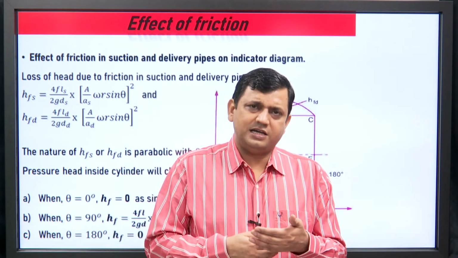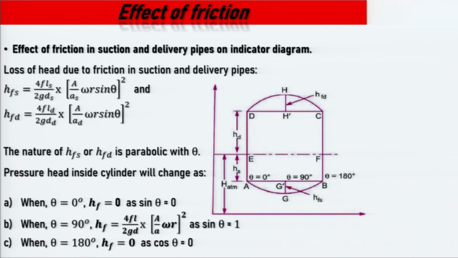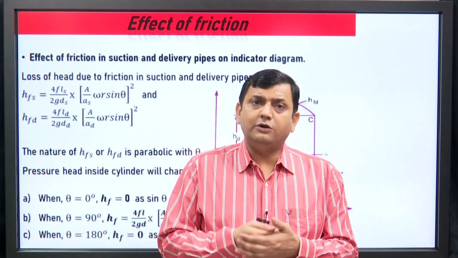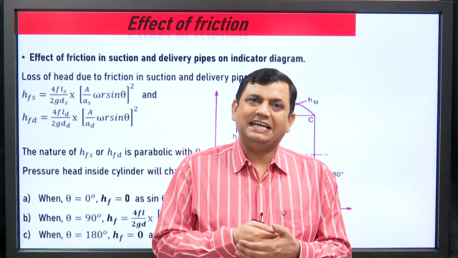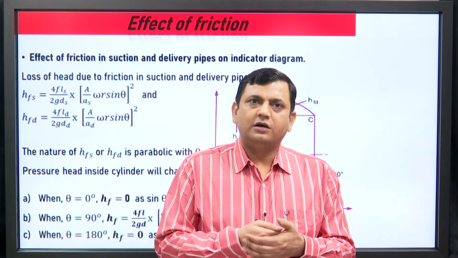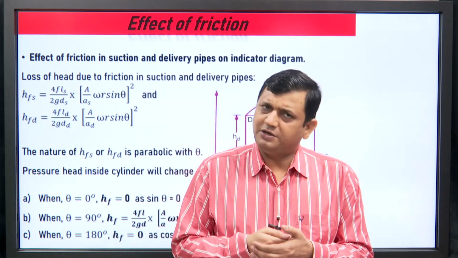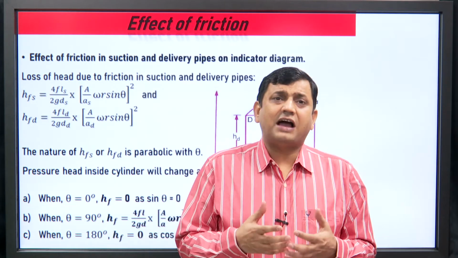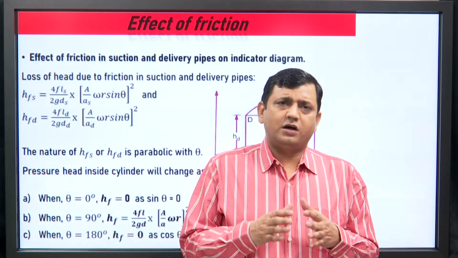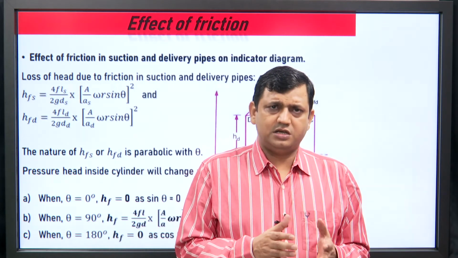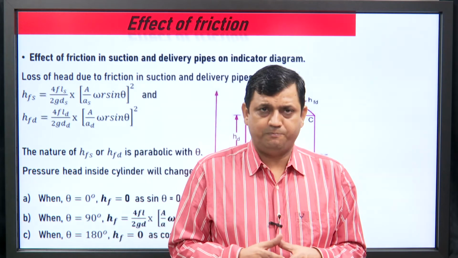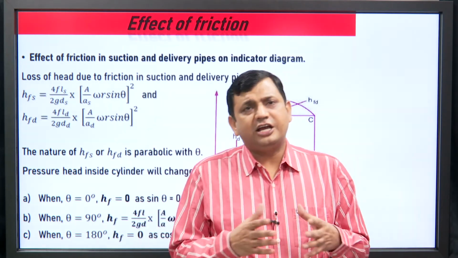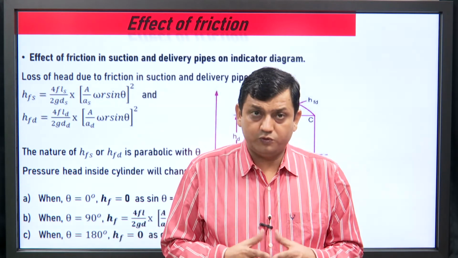So at the beginning Has is positive, at the middle of the stroke it is 0, and at the end of the stroke it is minus Has. Similarly for the delivery stroke, at the beginning Had is positive, at the middle 0, and at the end Had becomes negative. We drew the effect of acceleration, and we also discussed that the work done is the same, because the area remains the same in the indicator diagram. So there is no change in the work done.